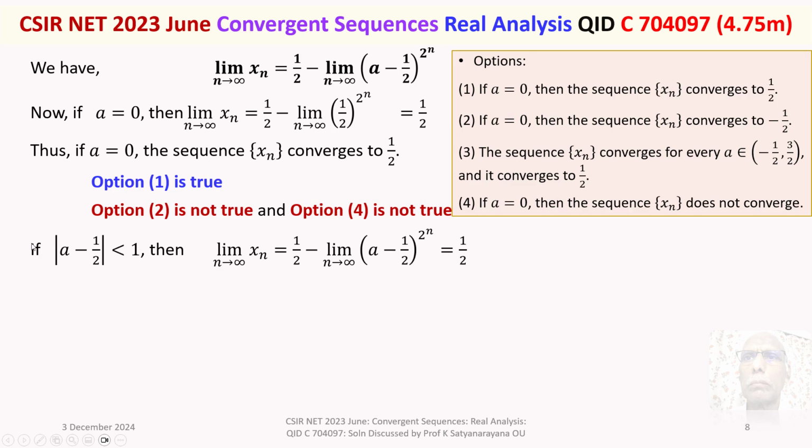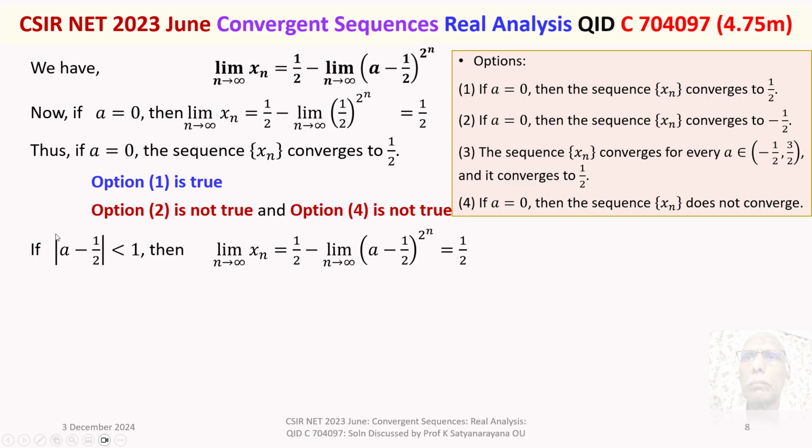So, if mod of a minus 1 by 2 is less than 1, then the limit of xn is equal to 1 by 2 minus this limit, which will be 0. So, you will get 1 by 2.